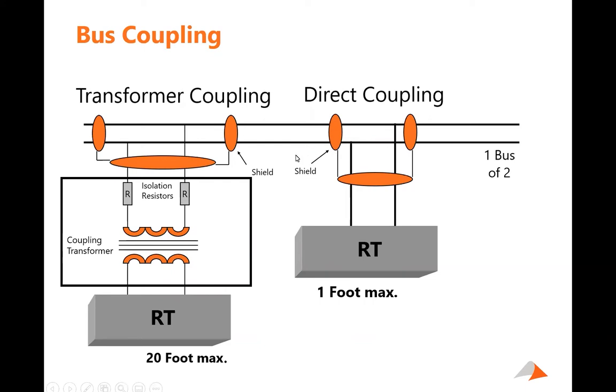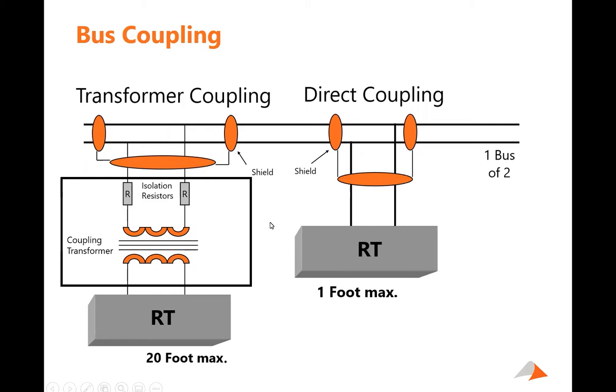In fact, bus A would come back and the bus would go inside the system, have these wires connect to it, and then leave again and continue the bus, because a direct couple bus can only be a maximum of 1 foot long, and you can waste that inside the LRU very easily.